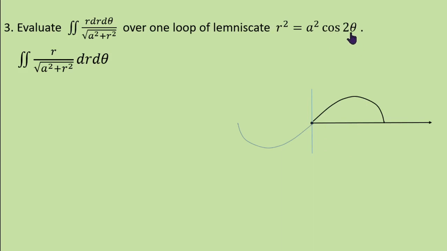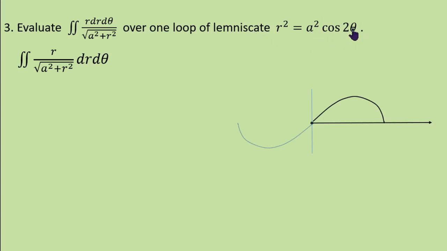cos becomes negative. For example, when theta is pi by 2, 2 theta is pi. Cos pi is minus 1. R square is minus a square. That means there is no curve because it is imaginary. R square is always positive.